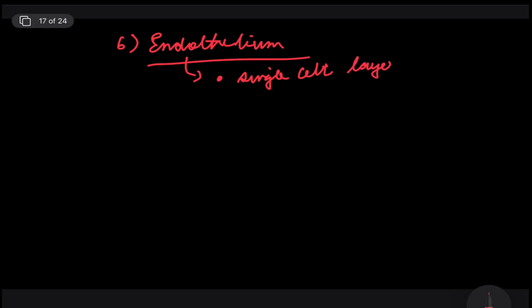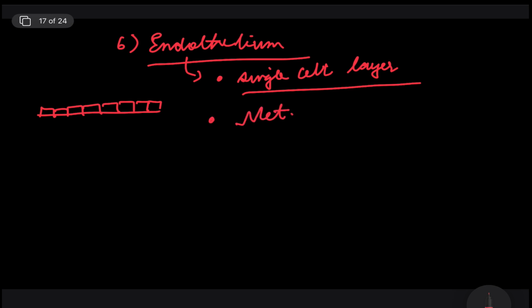That doesn't mean there is just one cell, it means there is just one file of cells, not multiple layers. Secondly, this is the metabolically active, not mitotically, I am saying metabolically active layer. Metabolically active means it undergoes metabolism.